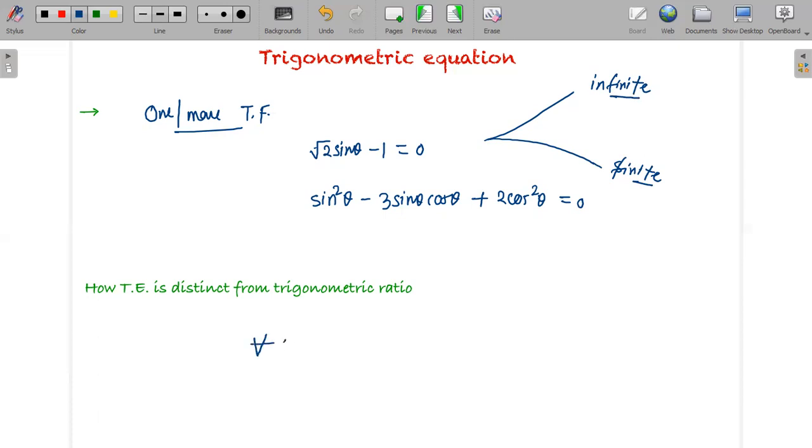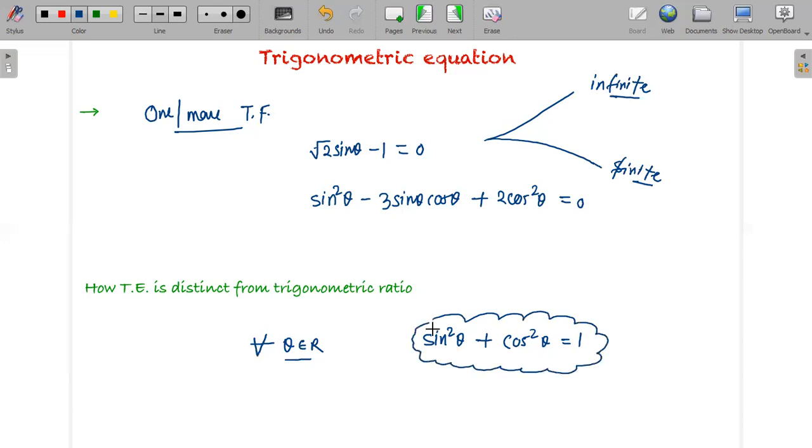Let me write down a trigonometric identity: sine squared theta plus cosine squared theta equals 1. Whatsoever value of theta you assign, this will always be valid. So may I conclude that all trigonometric ratios are trigonometric equations, but we cannot say that all trigonometric equations are trigonometric ratios.